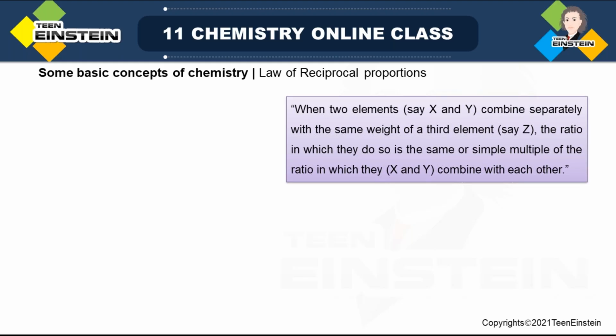After this, the next law, reciprocal proportion. Now 3 elements will be involved.